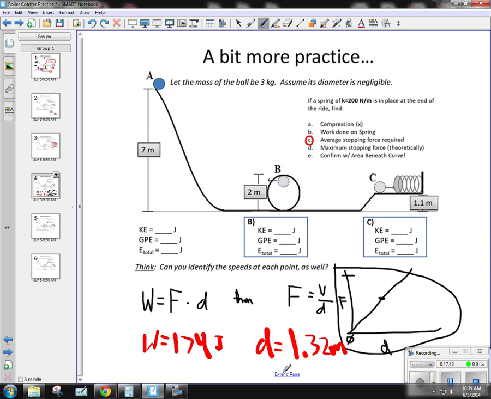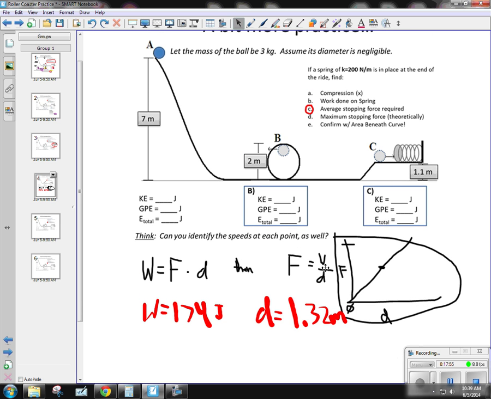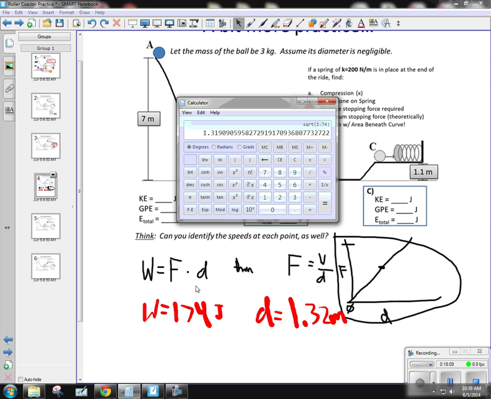Now it really just becomes plug and chug. We want to find out what this force was. It's going to be the work divided by that compression. Again, we're just using the definition of work. We're manipulating these concepts so that we can find some unknown. 174 joules worth of work were done on this spring, divided by how far it was compressed, which would be our displacement in this case.